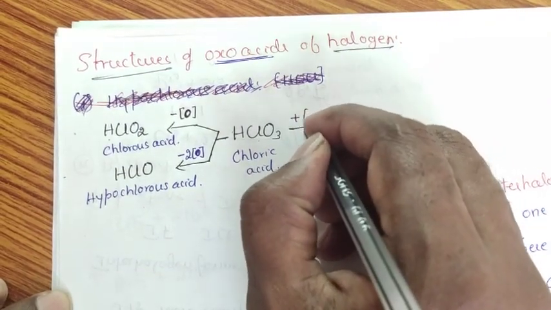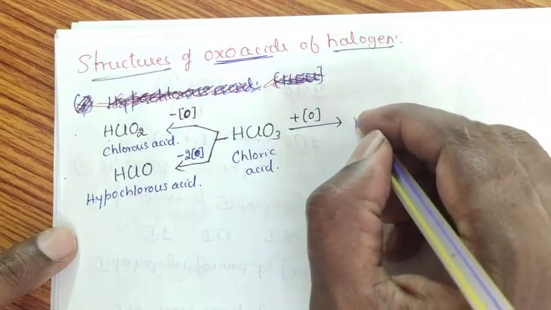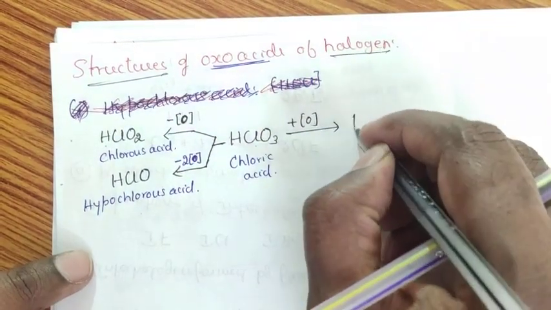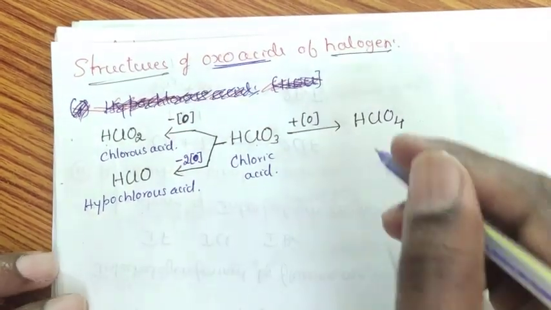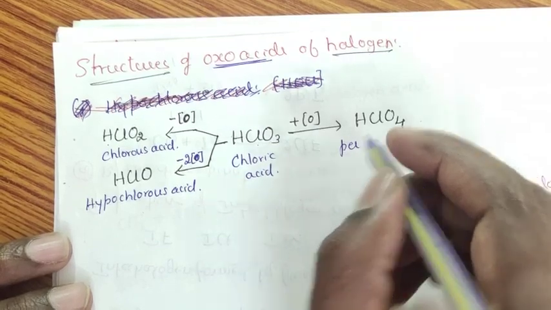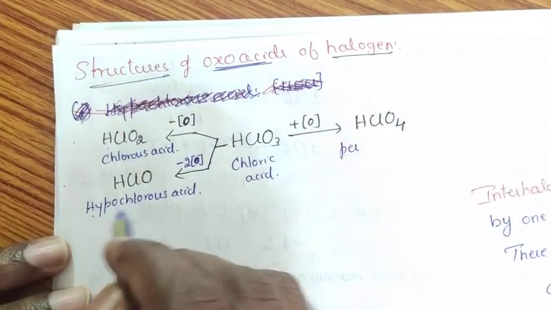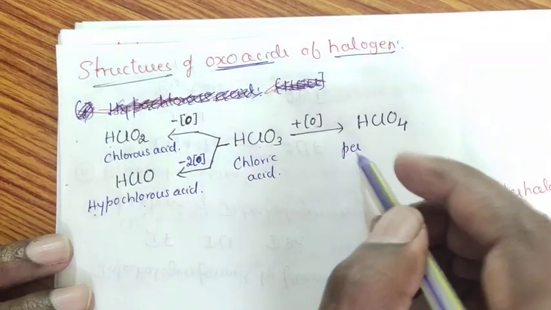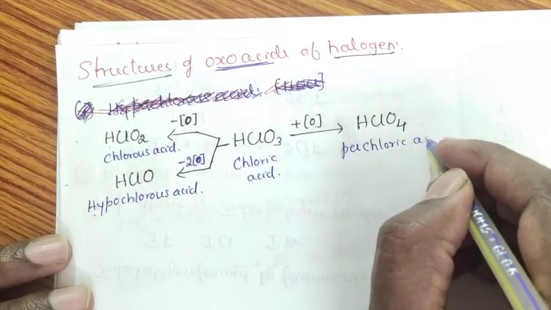If I add only one oxygen atom to the same molecule, I'll get HClO4. By the addition of one oxygen atom, we write it as per. If I remove one oxygen atom, chlorous. If I remove two oxygen atoms, hypochlorous. If I add one oxygen atom, perchloric acid.